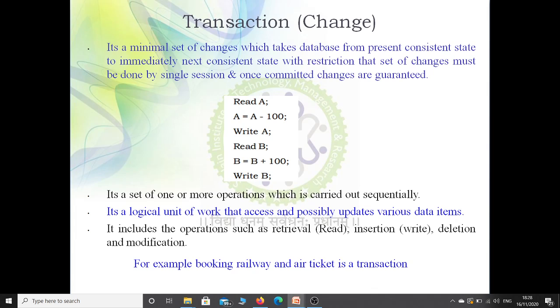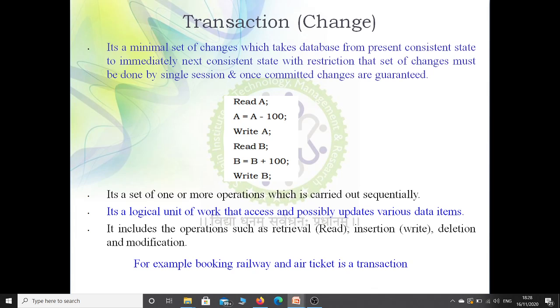Before explaining what a transaction is, I will give you some examples. Generally it is observed that if I ask a student what a transaction is, they say, sir, in a bank I heard about transactions. So is it the case that a transaction is only related to a bank? No, it is not.